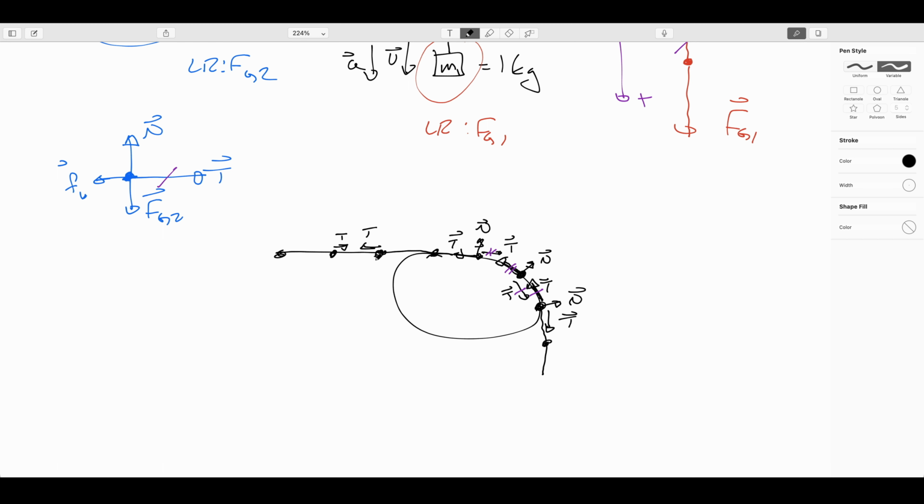These are equal by the third law. Let me just use an X here. But that'll be equal to this force due to tension here by the second law.